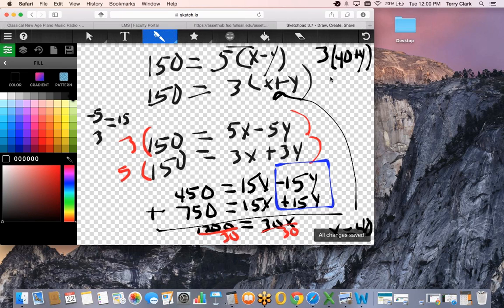Well, we know that 3 times 50 would equal 150, because that's what we're looking for. So even though we've got the 40 there, we know the other number has to be 10, because 40 plus 10 will give you 50, and then 50 times 3 will give you 150.